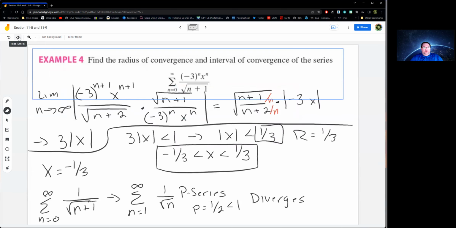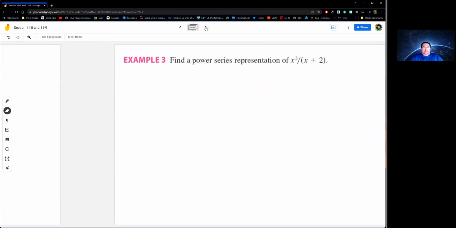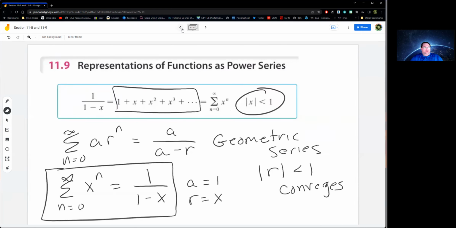It allows us to find convergent points for series or for functions that we wouldn't have known beforehand.